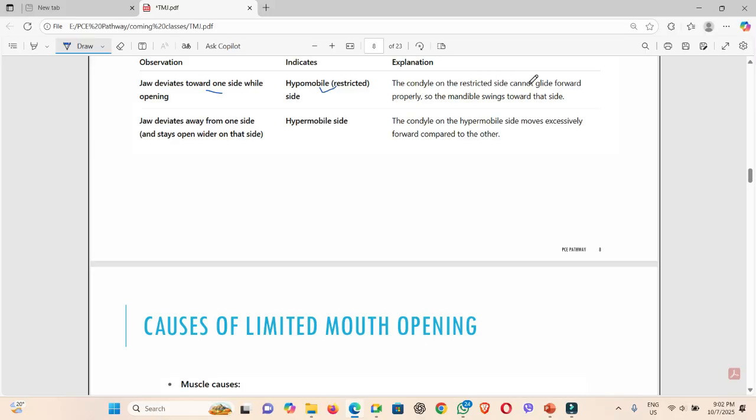The condyle on the restricted side cannot glide forward properly, so the mandible swings towards that side. On the hypermobile side, the jaw will go away from that side, just the opposite. The condyle on the hypermobile side moves excessively forward compared to the other side.